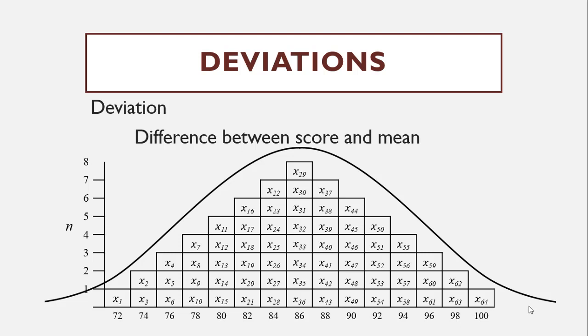So a score of 100 happens less frequently than, say, a score of 88. And it's such that there's symmetry where the likelihood of a score that's 24 points above or 24 points below the mean should be relatively equal in their frequency, their likelihood of occurrence.